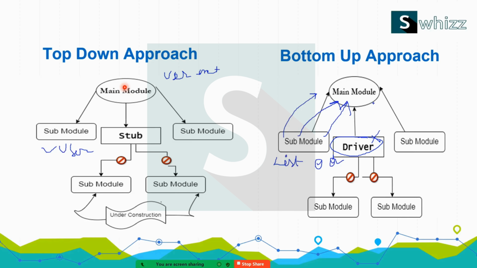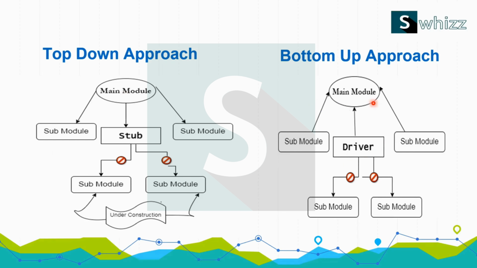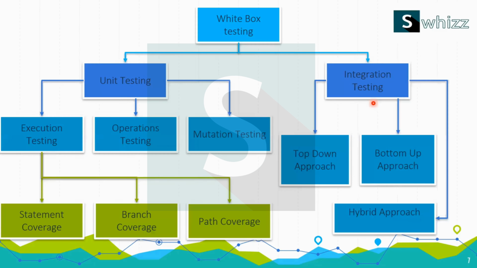Actually, these will be performed by the developers only, but you have to know how the top-down and bottom-up approaches work. The combination of the top-down and bottom-up approaches is the hybrid approach in integration testing. This is about simple white box testing.